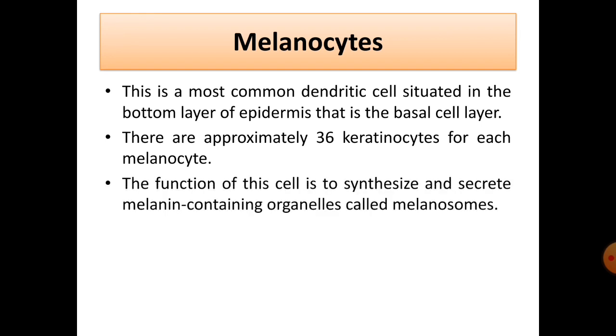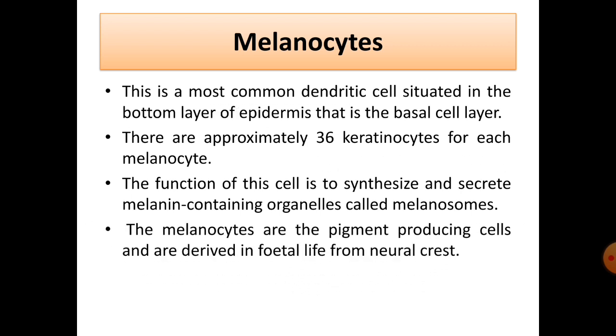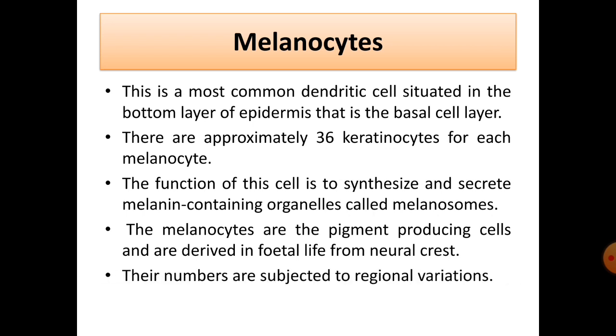The function of this cell is to synthesize and secrete melanin-containing organelles called melanosomes. These melanocytes are the pigment-producing cells and are derived in fetal life from the neural crest. Their numbers are subject to regional variations.